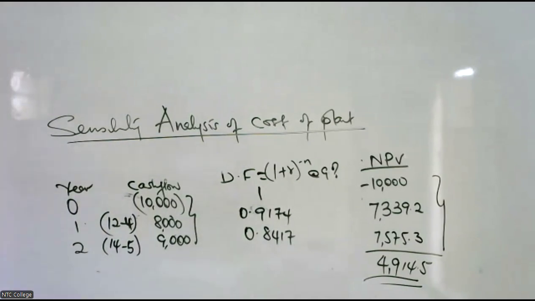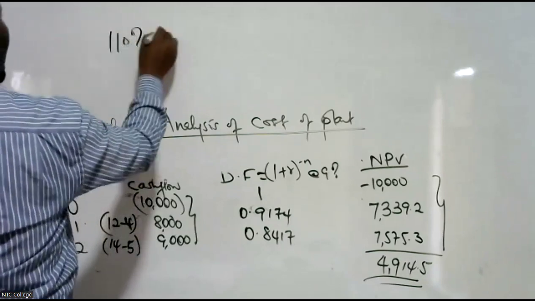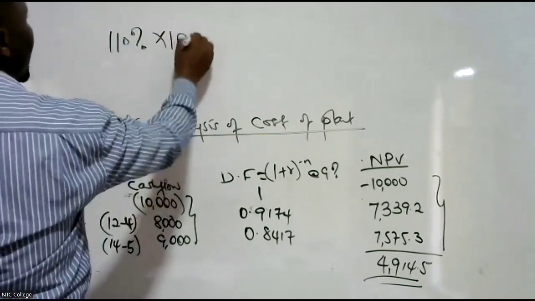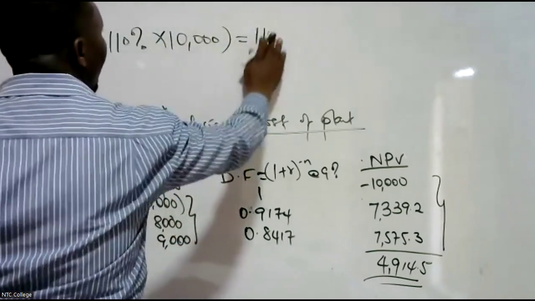When cost of plant has varied adversely by 10%, what is the new percentage? 110. So what is the new cost of plant? 110% times the old one, 10,000. So the new one is 11,000.